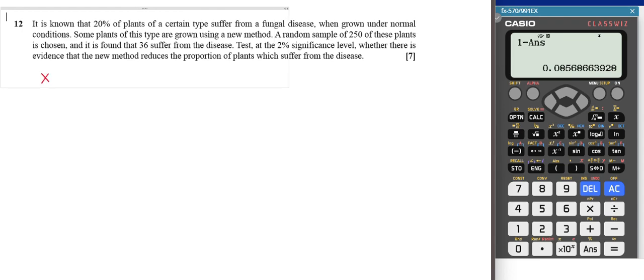So we know that x is therefore distributed binomially. I'm going to have a sample of 250, and the probability of that is 0.2.